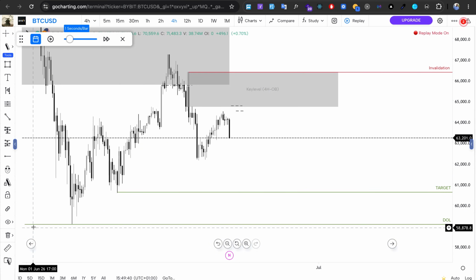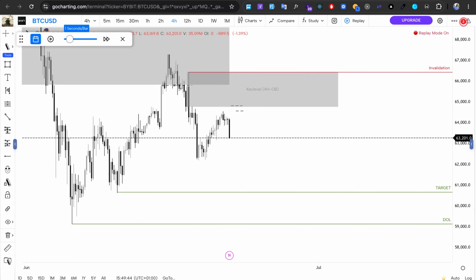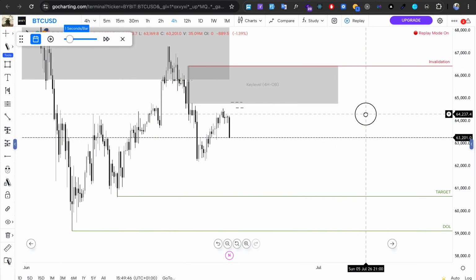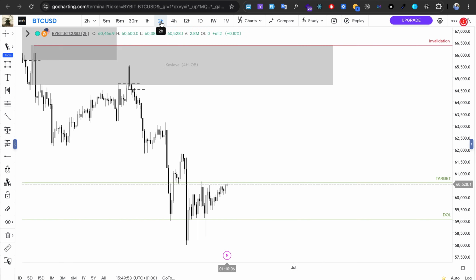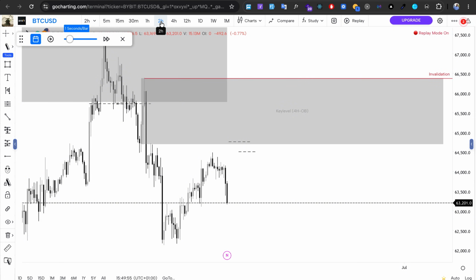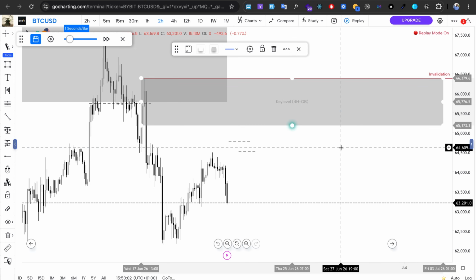Now we've gotten our POI, which is the key level. This is the 4 hour. I can decide to look at, let me say, the 2 hours, just to refine it.